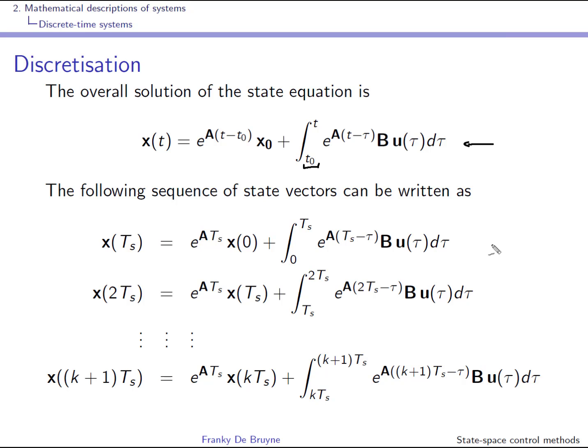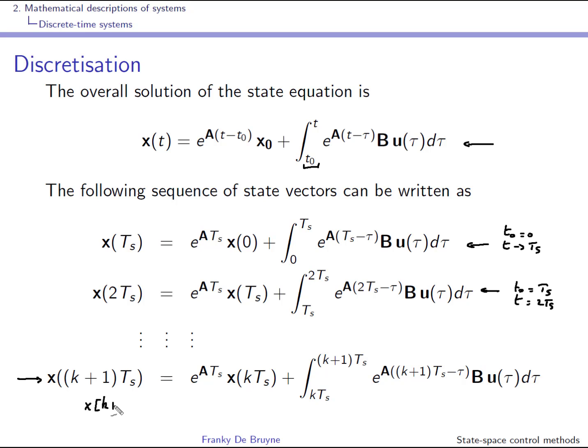In this case, for instance, t0 in this equation here is 0, and we have replaced t by ts, right? In this case here, t0 is equal to ts, and t is equal to 2ts, and so on, right? So we end up with this equation here, we know that we can rewrite this differently.